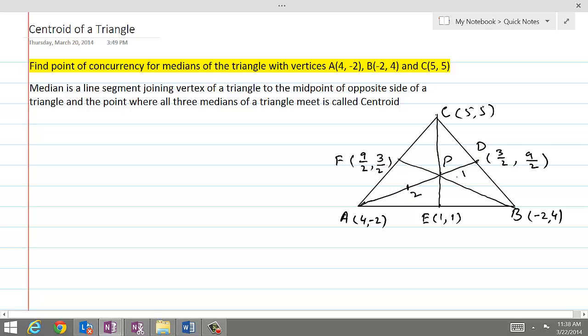You could be asked a different question: find the point of trisection of the medians.